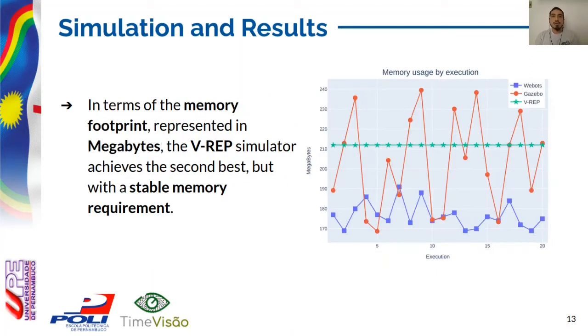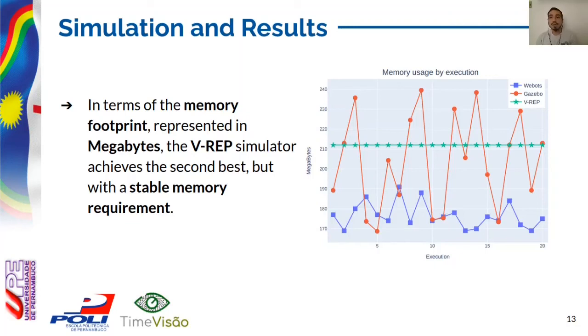Now in terms of the memory footprint, which is represented in megabytes, the V-REP simulation achieved the second best with an average of 212 megabytes, which shows a stable memory requirement.